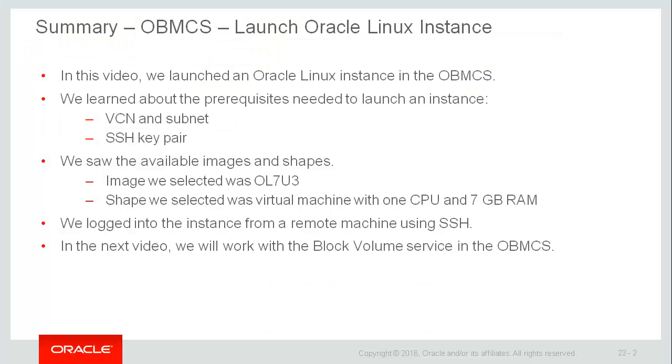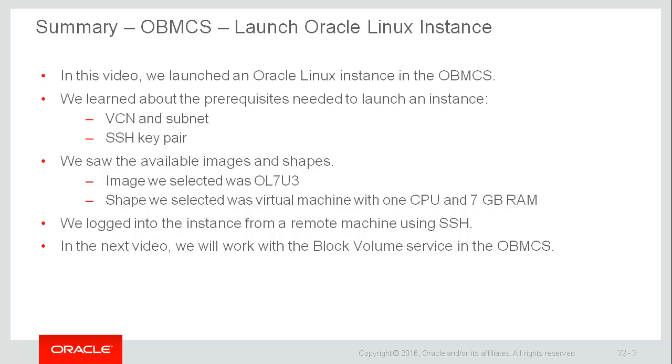So to summarize, in this video, we launched an Oracle Linux instance in the Oracle Bare Metal Cloud Service. We saw that you are required to provide a virtual cloud network and a subnet when you launch an instance. You also need to provide the SSH public key when you launch an instance so that you can SSH into it. We saw the available shapes and images.